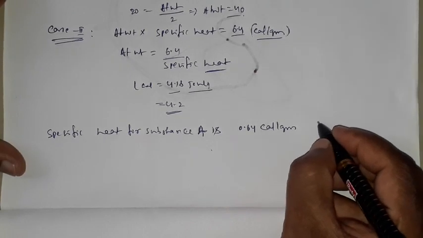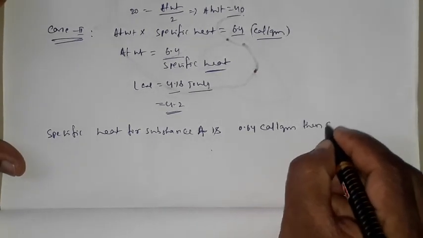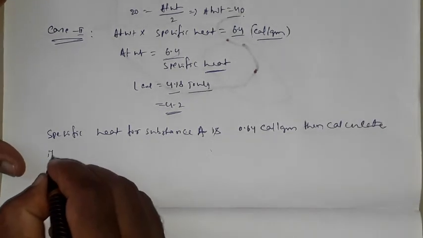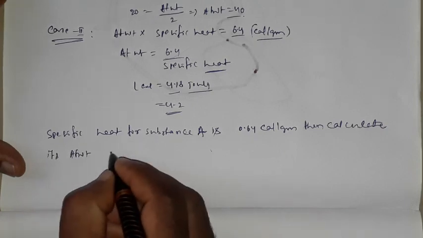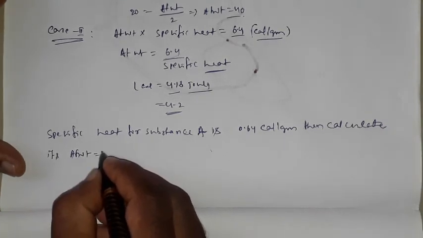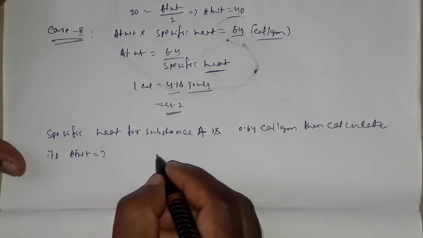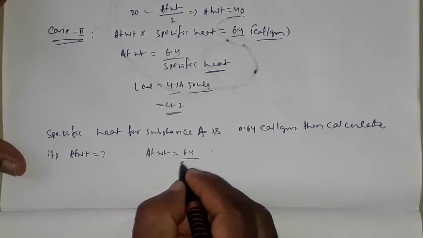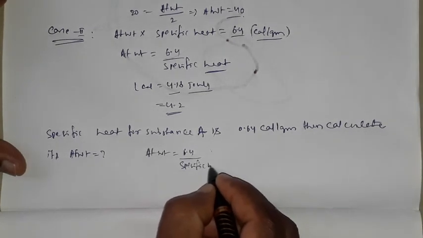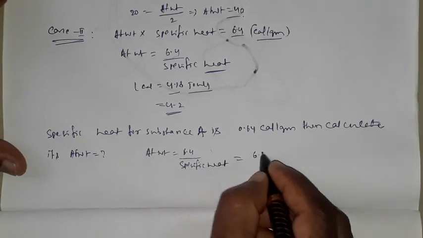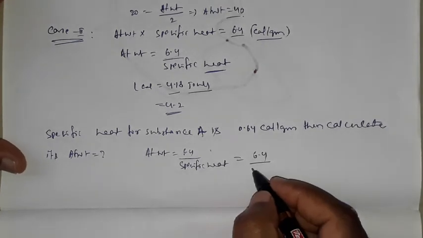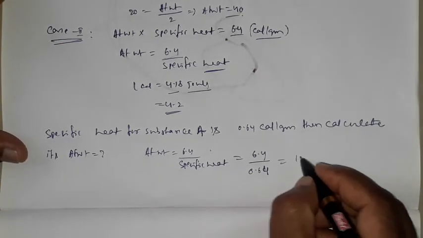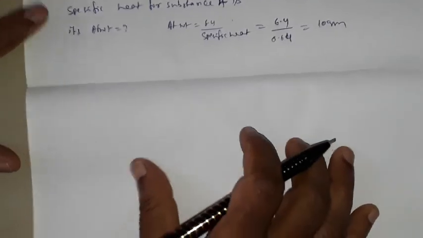Calculate its atomic weight. Now we have the formula: atomic weight equals 6.4 by specific heat. So 6.4 by 0.64 is 10 grams, which is the atomic weight.